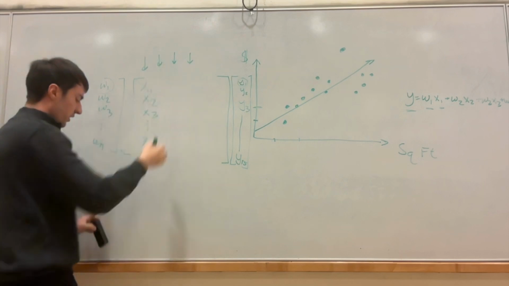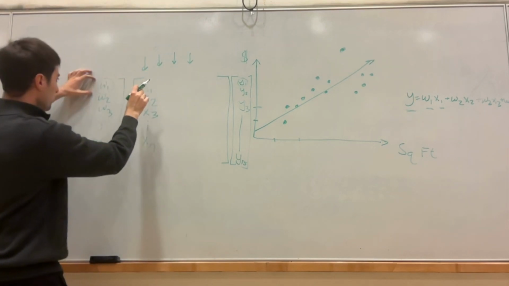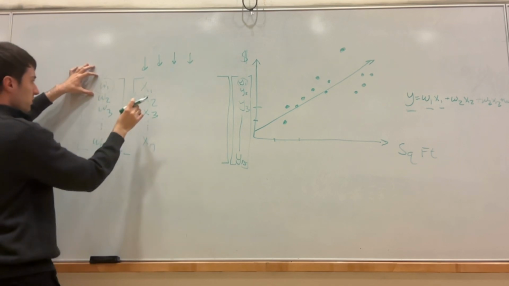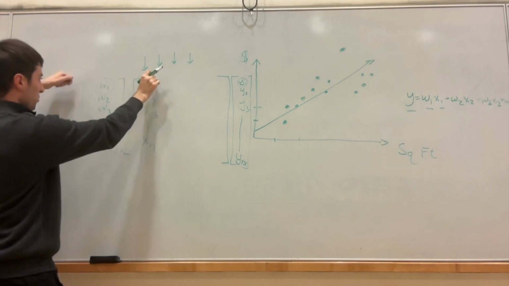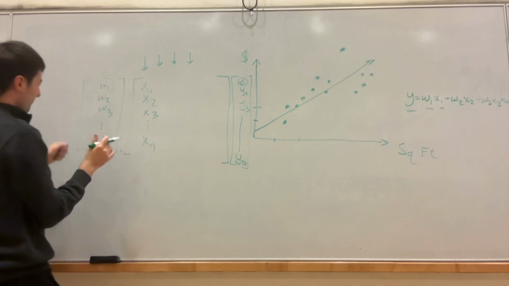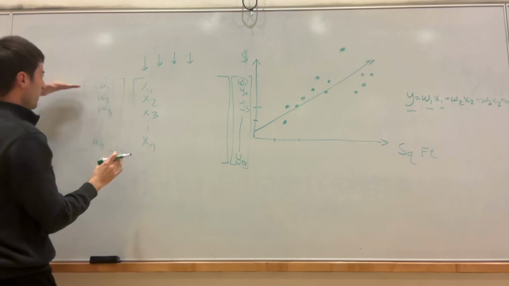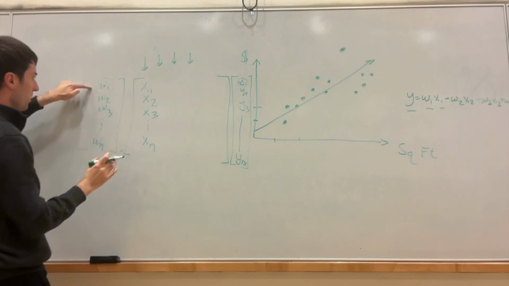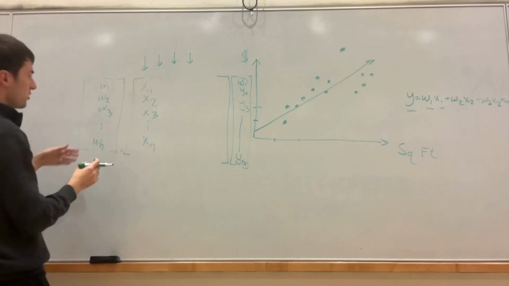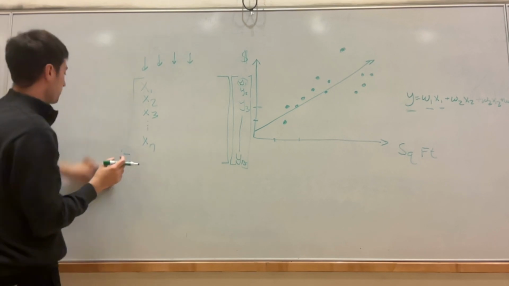So now I have this. I want to multiply this W1 with this X1. Well, that works, but the dimensions don't work, because I'm going this way in my multiplication for this W1. I could transpose this one too, can't I? Of course I can.